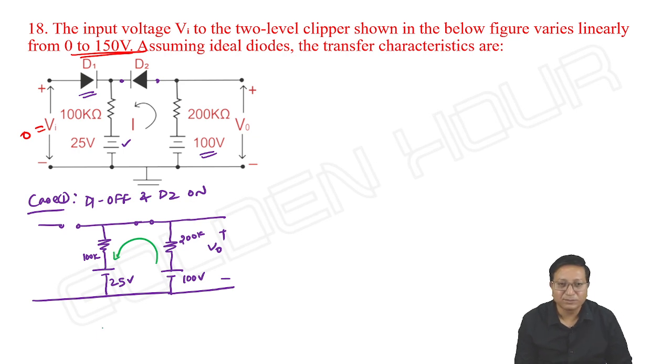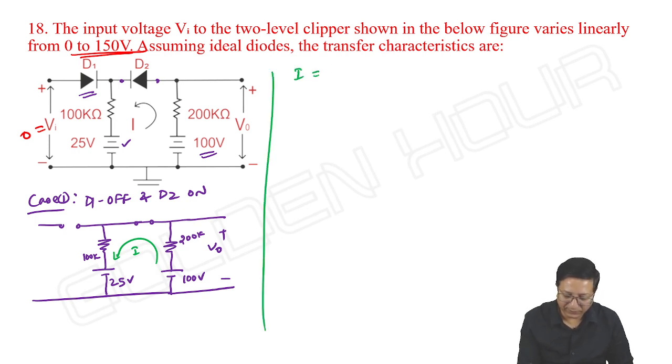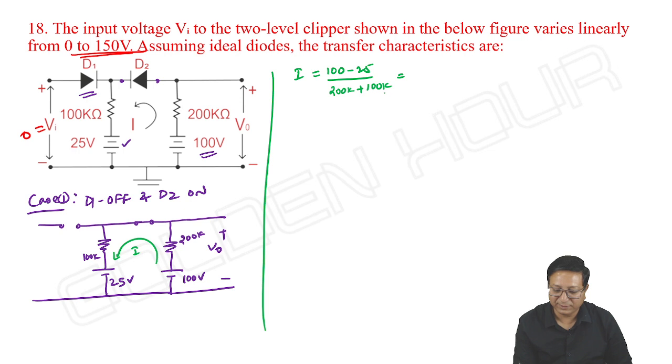There is a current flow. Let me take this as I. What about this current I? I is equal to 100 minus 25 by 200k plus 100k. How much do you get? 75 by 300. So 0.25 milliampere.